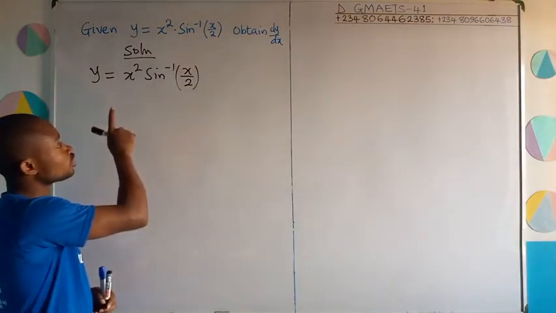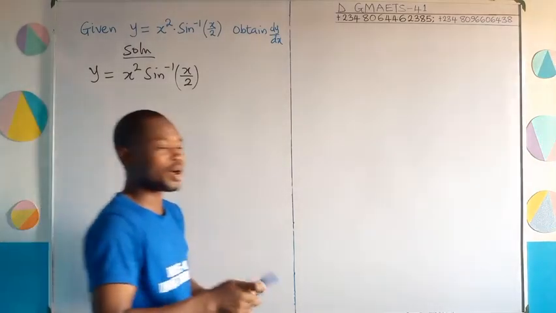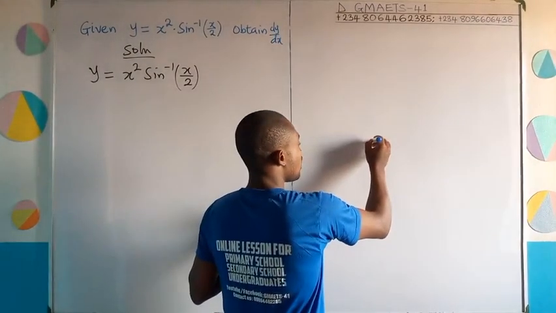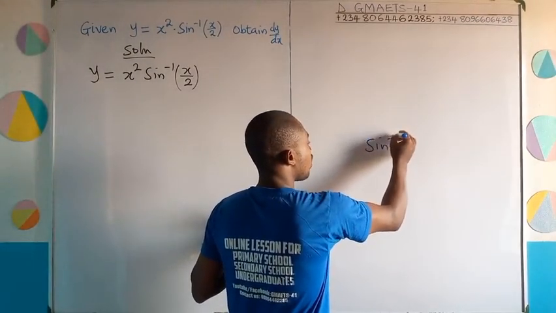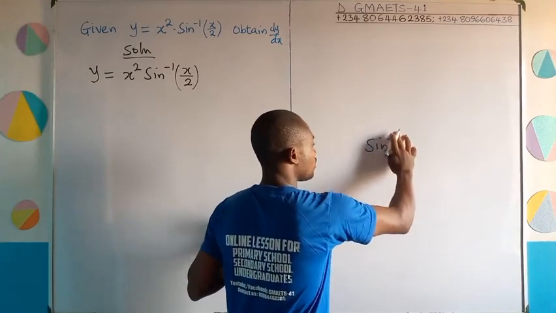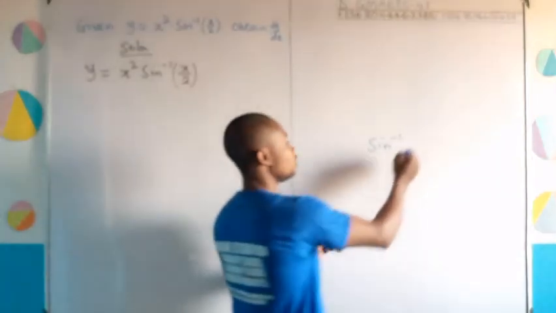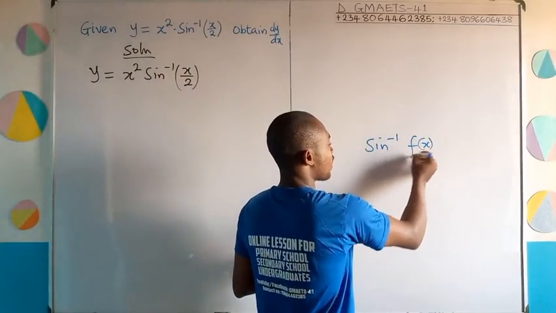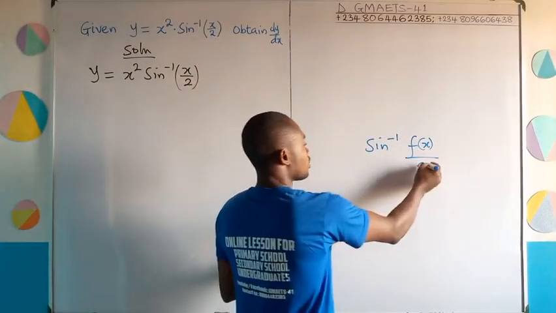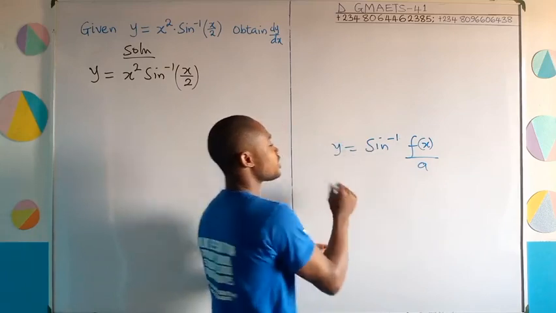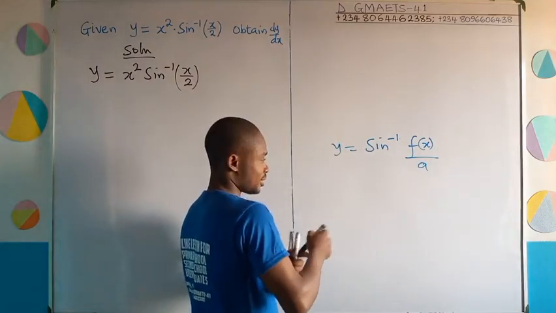Before I move on into solving this problem, I want to show you something about sine inverse. If you're given sine inverse of a function, I always like approaching differentiation using this term, f of x over a. Somebody gives you y equal to this and says you should find dy dx.